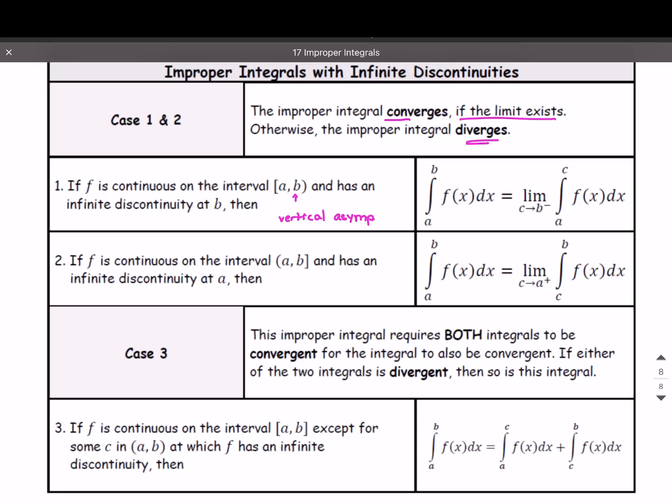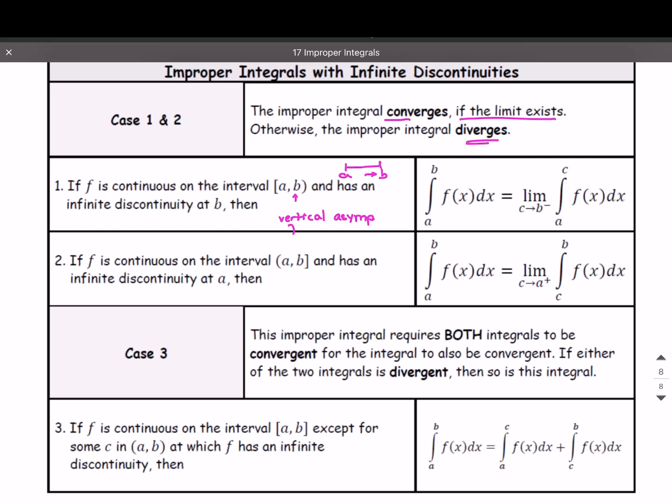It doesn't matter whether you choose the letter c or t, you can use whatever letter you want. Why from the left? Because if we're on an interval from a to b, we're approaching b from the left of the integral from a to c of f of x dx.